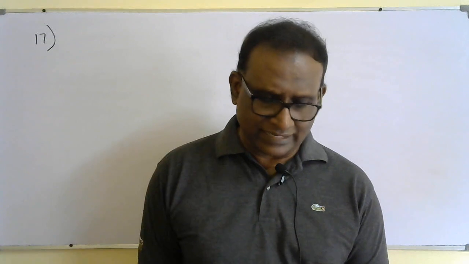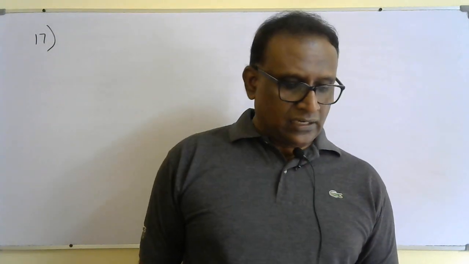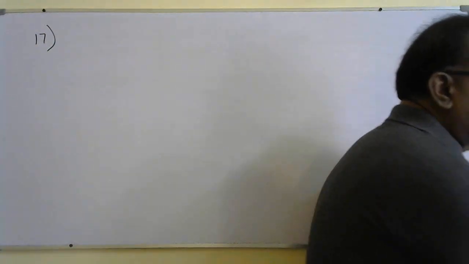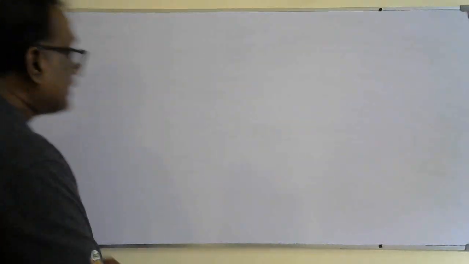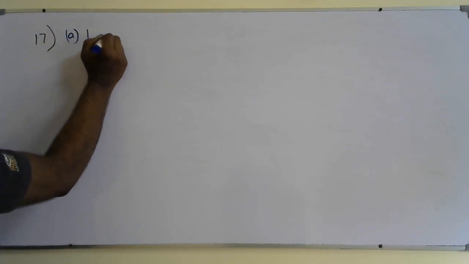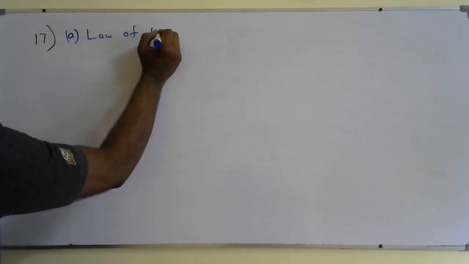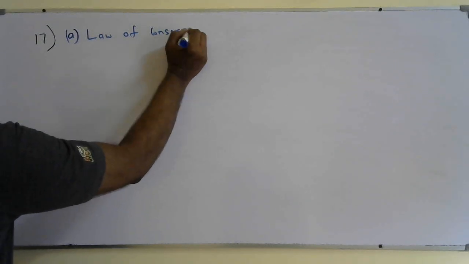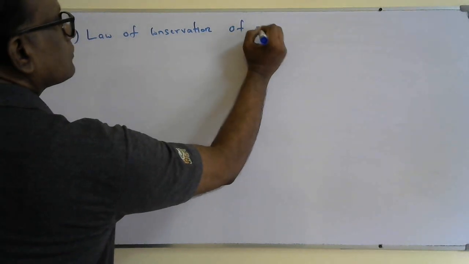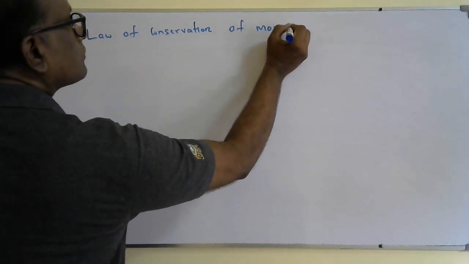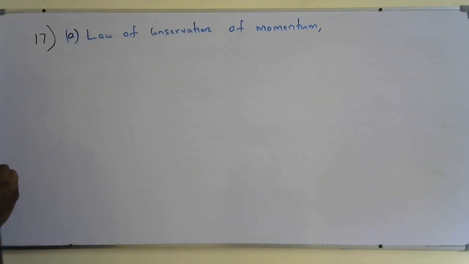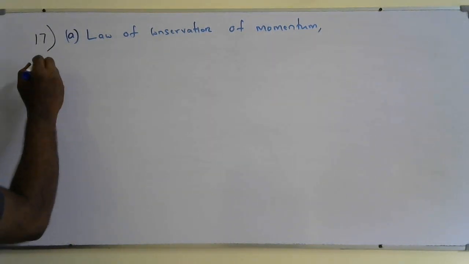The total mass of P is given. So it's actually like an IGCSE question. We need to use the law of conservation of momentum. So in the A part, we can use the law of conservation of momentum. So we can say it's moving to the right.